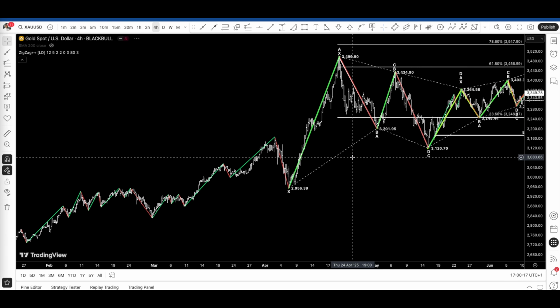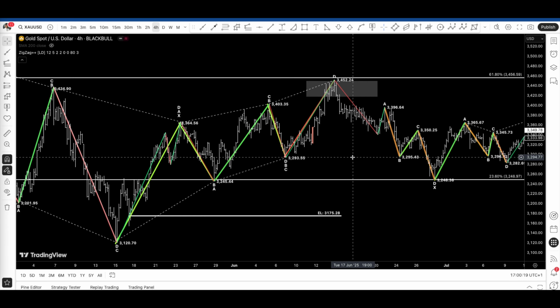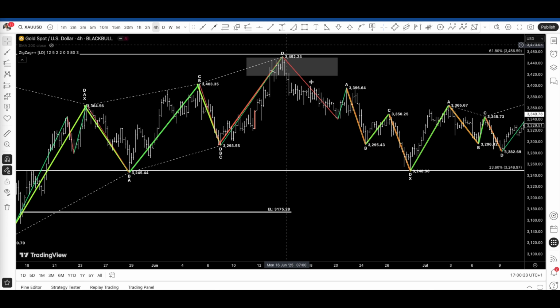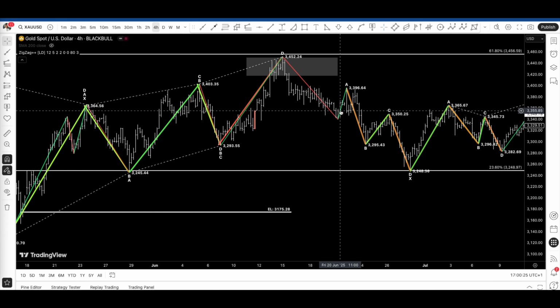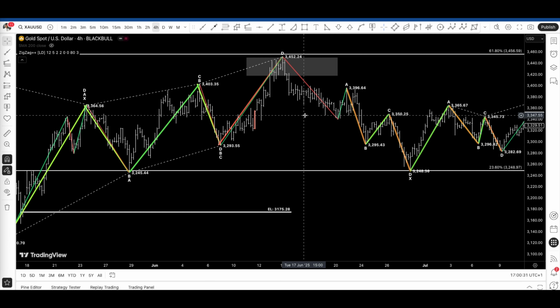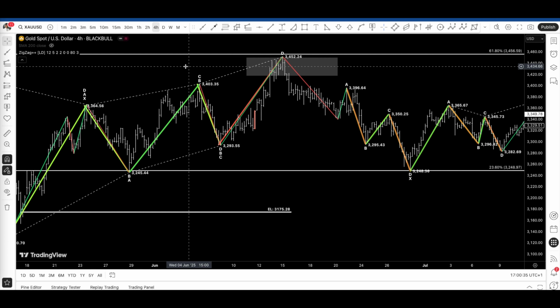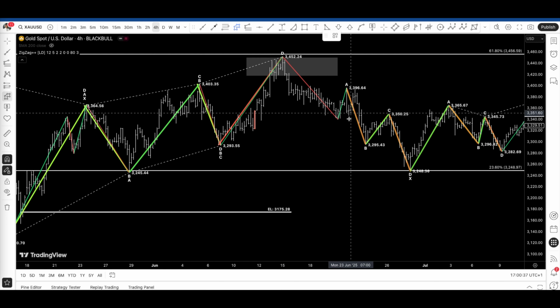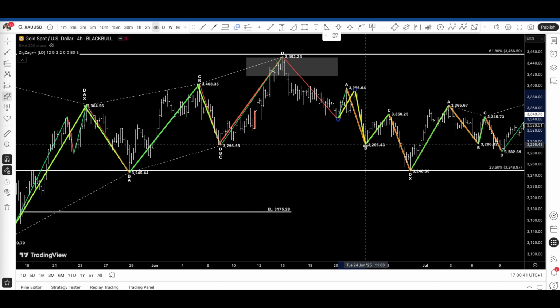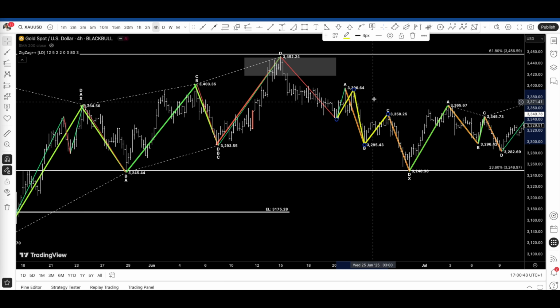That was a trade I missed, and it was exactly here. So that was in the high. I think this BlackBull Markets broker is giving me kind of wrong prices, but look, that was an ABCD pattern.